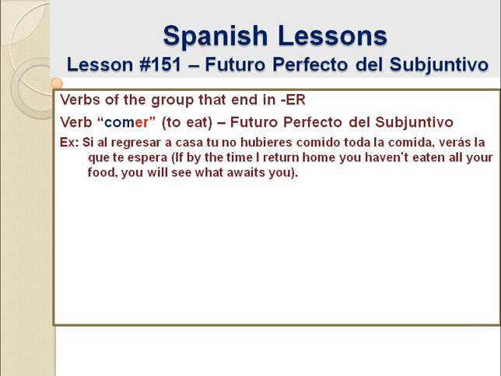Si means if. Si al regresar a casa tú no hubieres comido toda la comida. So, hubieres comido is futuro perfecto del subjuntivo. Regresar a casa means to return home. Tú no hubieres comido. You haven't eaten all your food, okay? Or you haven't eaten, actually.